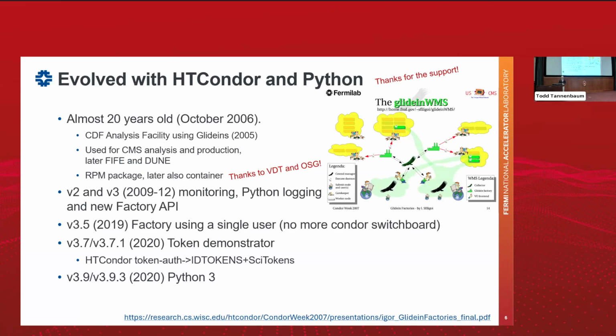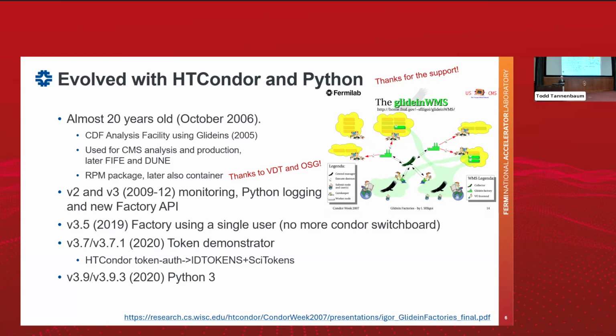It has been used since by CMS to run production and by other experiments, neutrino experiments at Fermilab, and then later DUNE. And we have to thank also the CHTC group and the different VDT, OSG, and then PATh collaboration to help us also distributing the software. So we have been using their infrastructure to package the RPM and distribute them.